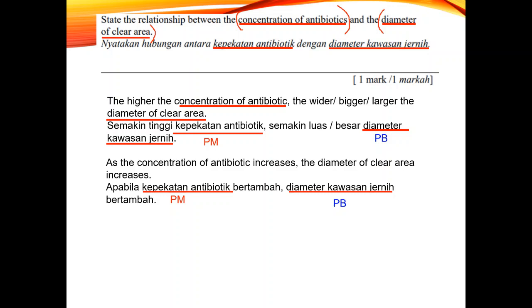So these three words you can use. Either you use the word wider, bigger, or larger. So you cannot change these two variables, concentration of antibiotic and the diameter of clear area. These two variables must write in the relationship. Okay, another way you can write as the concentrations of antibiotic increases, the diameter of the clear area increases.